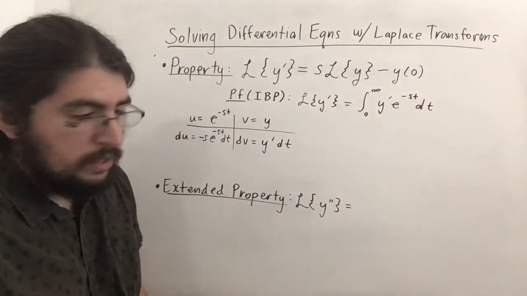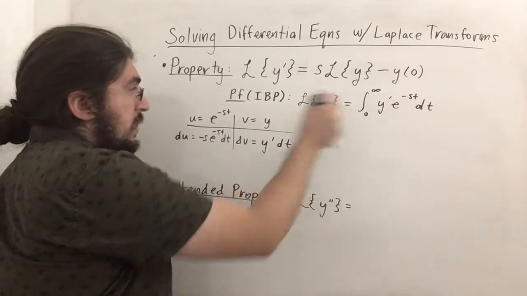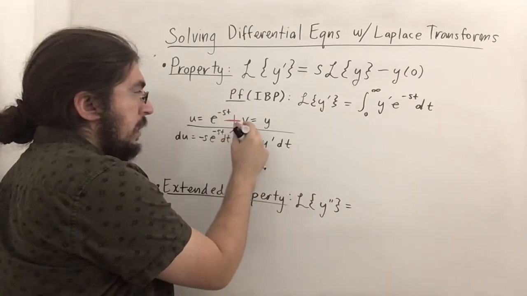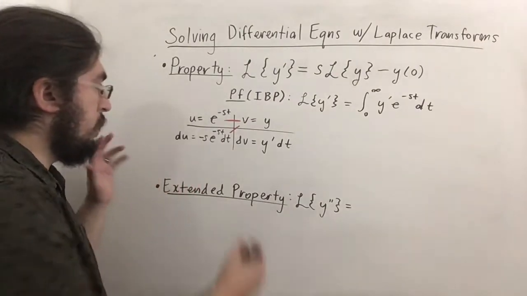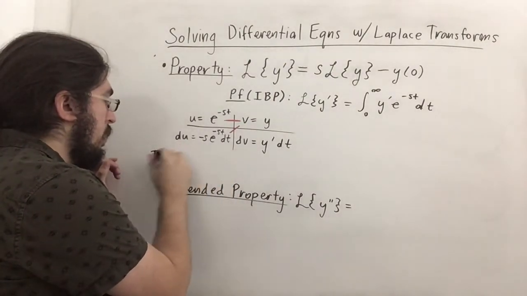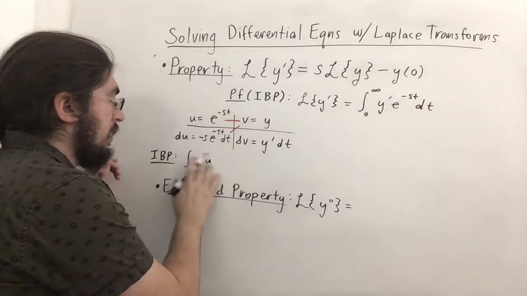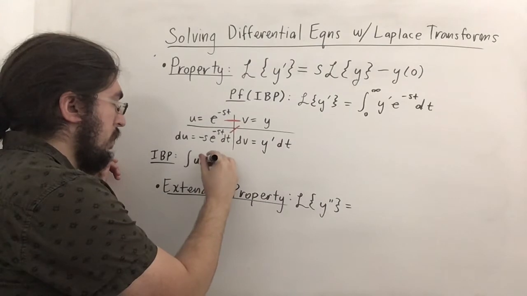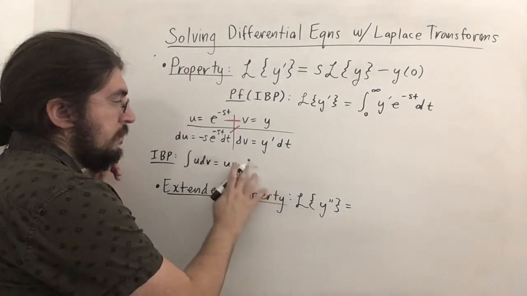And now using the integration by parts formula, we have this integral is u times v minus the integral of v du. If you don't know, what I'm using here basically is the integration by parts formula, which says that the integral of u dv equals uv minus the integral of v du.